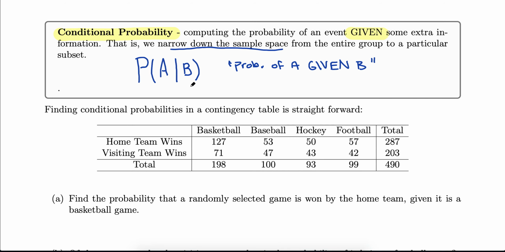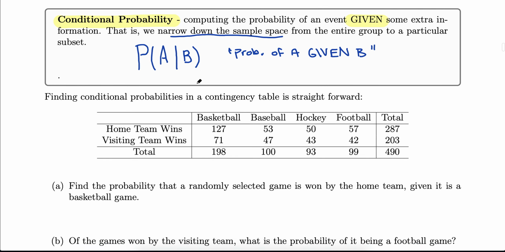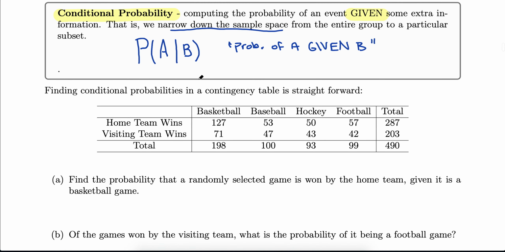So if you have a table, for example, you don't really need any special formulas. You can just think about this a little bit. The first one, this data should look familiar, our home team advantage across different sports. So here, we want to find the probability that a randomly selected game is won by the home team, given it's a basketball game.